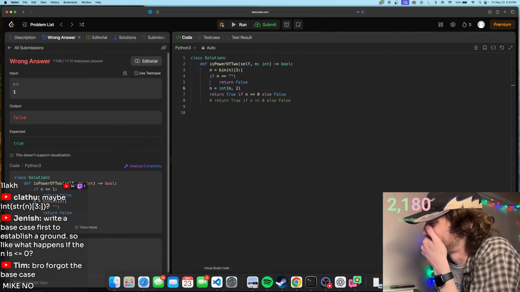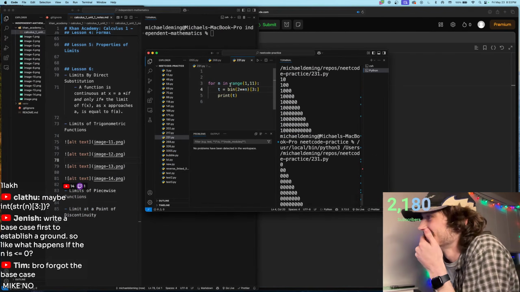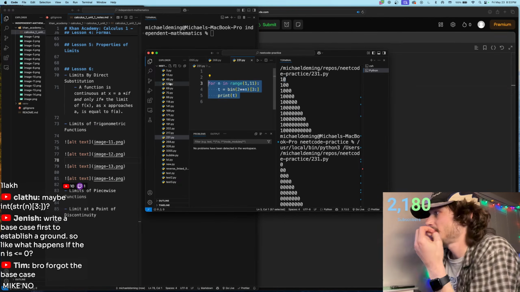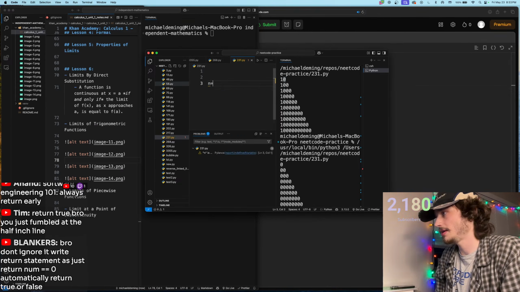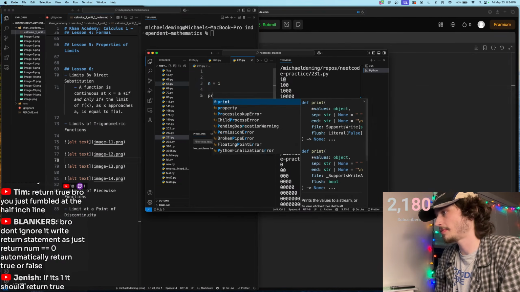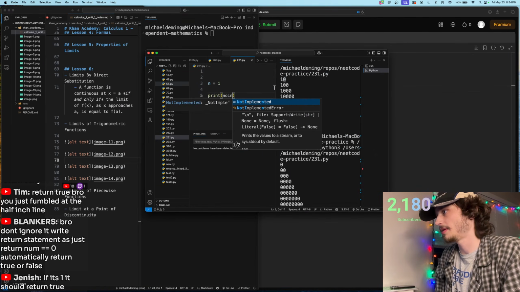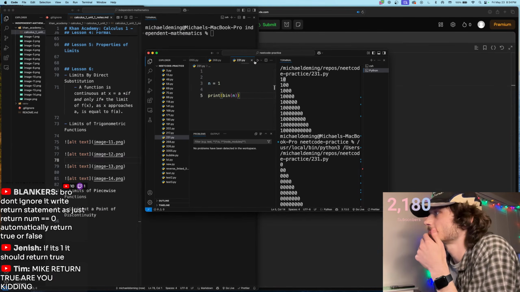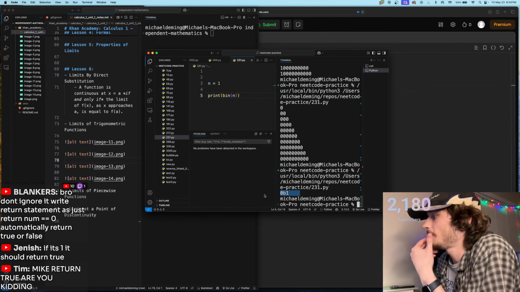Trolling. So let's say in the range of 1, we slice that off, we got 0. So let me say n equals 1. Let's say print bin n here. 0b1.